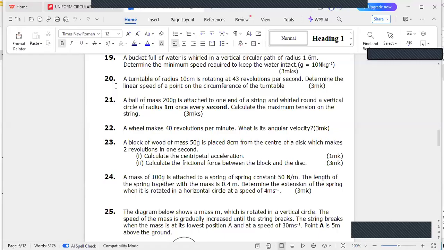So V will be the root of 1.6 times 10, which is 4 meters per second. So if you rotate this bucket at 3.9 meters per second, the water will come out. It has to attain a certain speed. I hope that is clear.